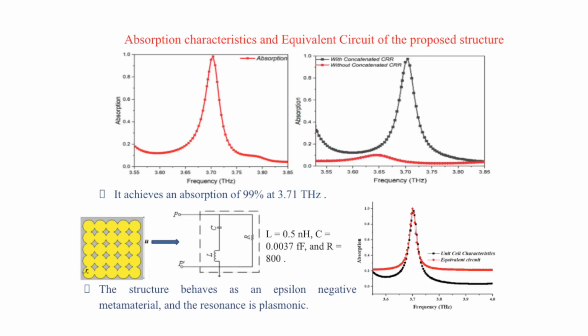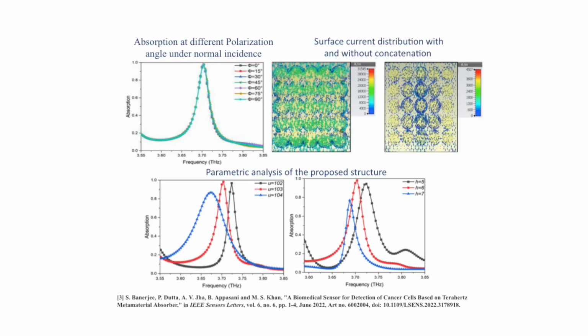So, at that particular point where the reflection is 0 and transmission is already 0, we will get the absorption. This particular structure is showing the absorption at nearly 3.75 terahertz, and this structure can basically be represented in terms of inductance and capacitance. This structure is behaving as an epsilon negative type of metamaterial, and the resonance is a plasmonic type of resonance.